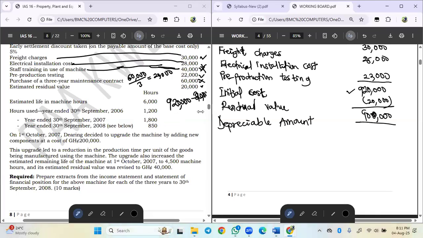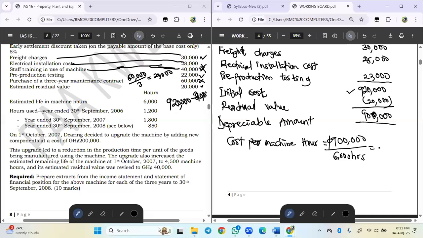Let me calculate cost per machine hour. The depreciable amount is what? 900,000. Then the total machine hours is what? 6,000.